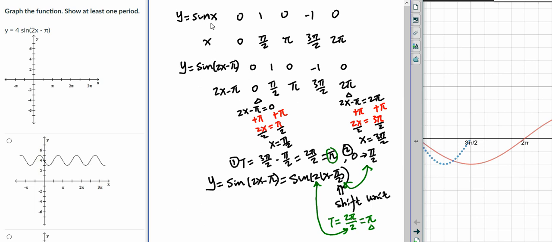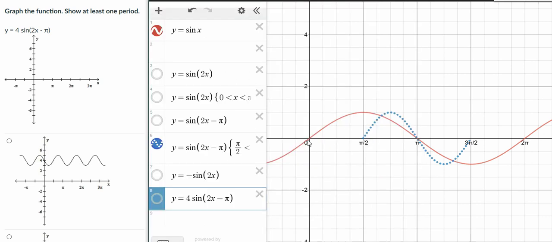Well, sine x has like 5 key values. When x is 0, you have a 0. When x is pi over 2, you have a 1. And then you have 1, 2, 3, 4, 5 points. That's basically right here.